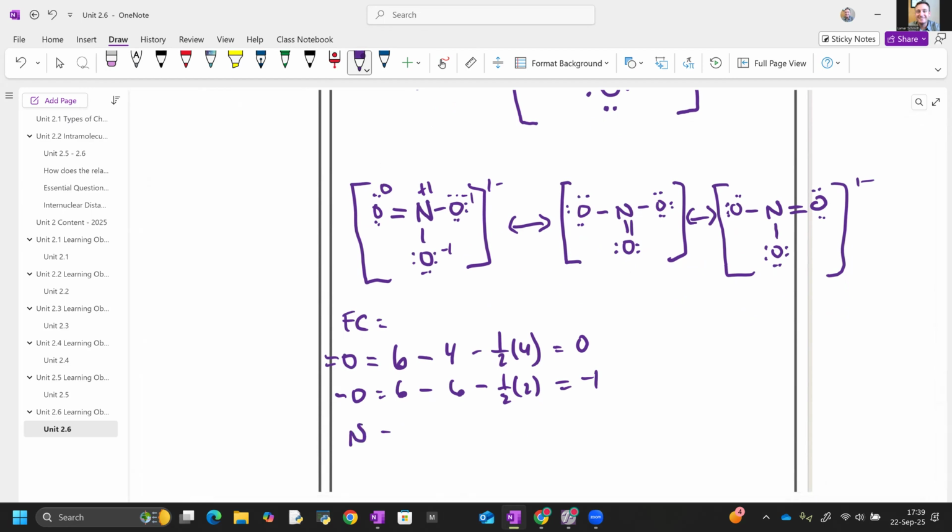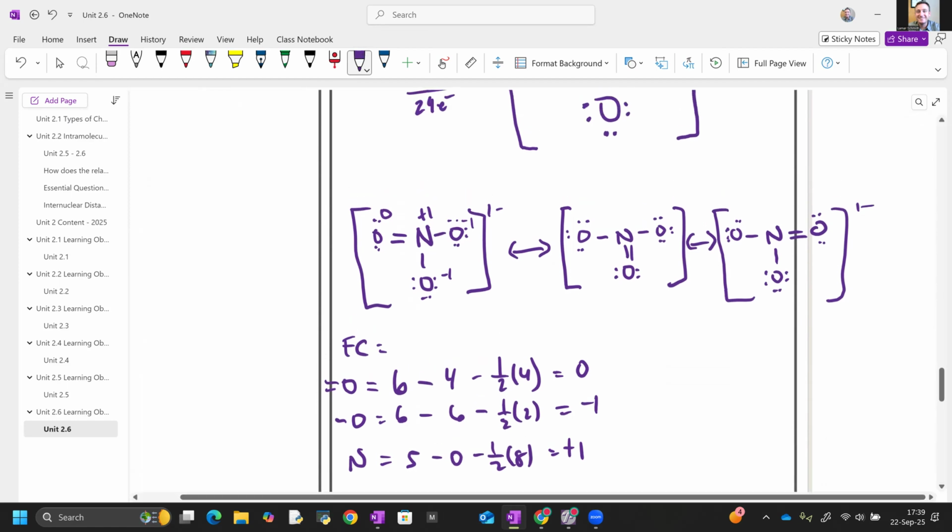But here is nitrogen: we have 5 minus 0 minus 1/2 of 8. And sure enough, it is +1. And so we notice that if we follow the same pattern, this double bonded oxygen is going to be 0, these oxygens are going to be -1, and nitrogen is going to be +1. This one would be 0, -1, -1.